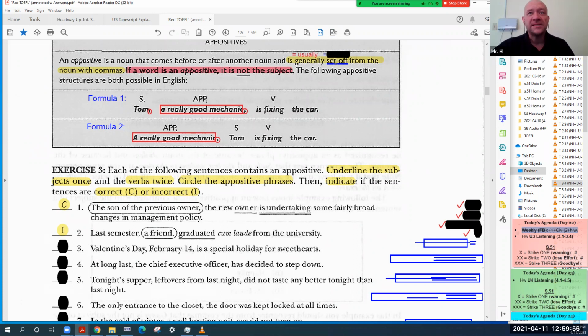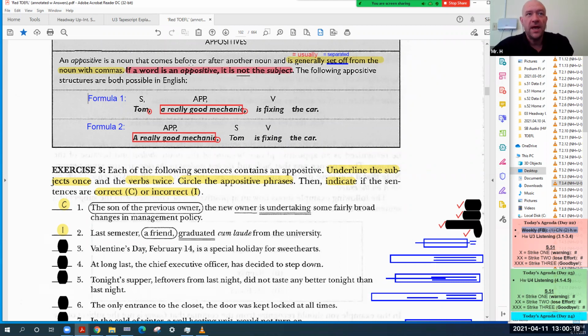How about set off? Do you know the word separated? Yes. So definitely, you put an appositive, comma, to separate the appositive from the noun.